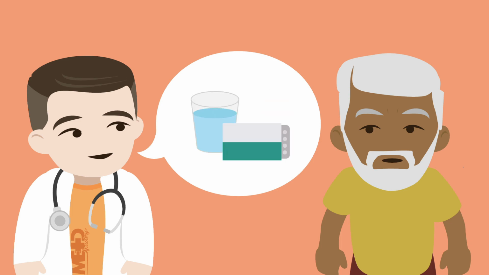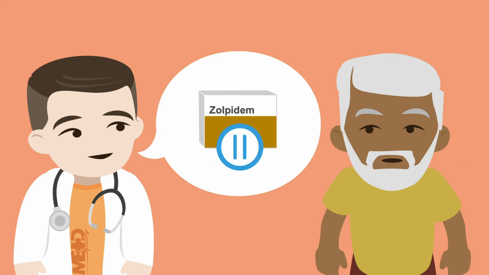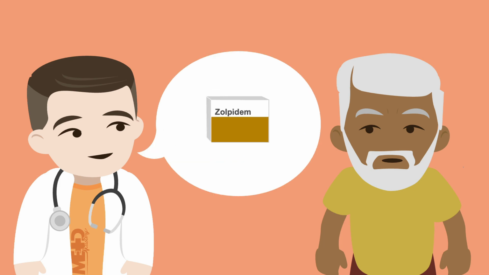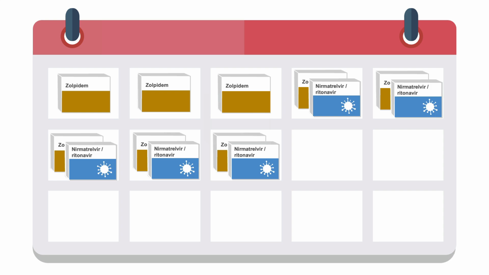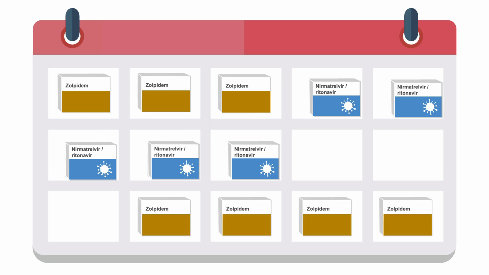It's my preference to also mention that if he takes any over-the-counter nighttime cold medicine, then he shouldn't take zolpidem. Again, this is because of the additive risk of sedation and falls. If he were taking zolpidem every night, you may have to have him pause it or reduce the dose. If you pause it during COVID treatment, then tell him he can resume it 3 days after stopping nirmatrelvir-ritonavir.